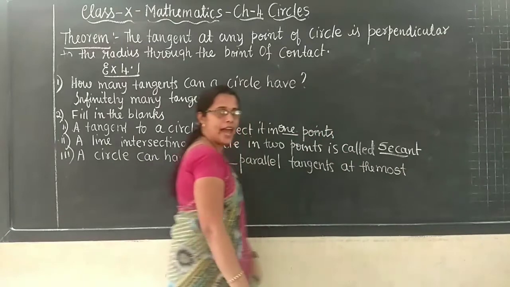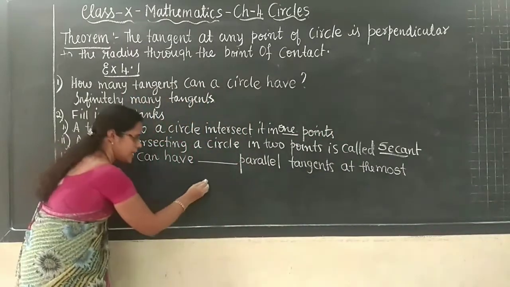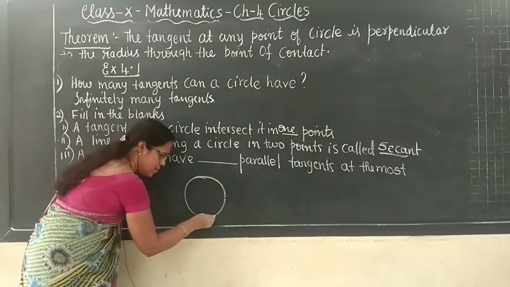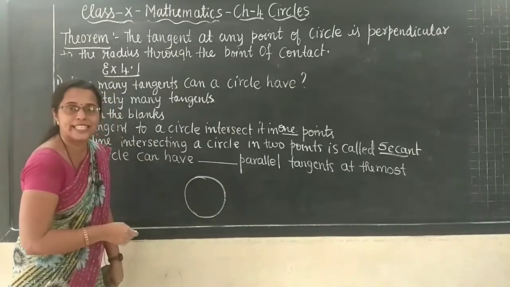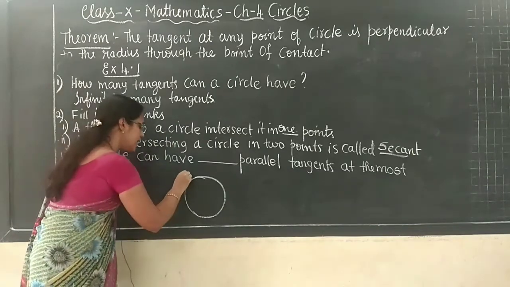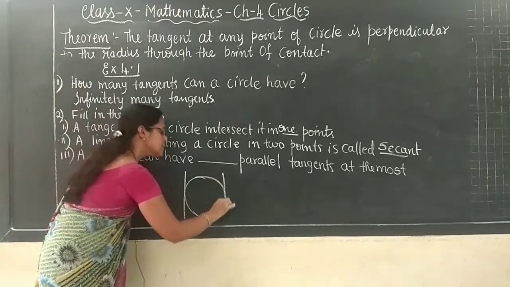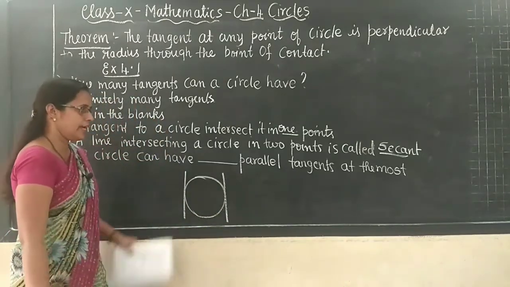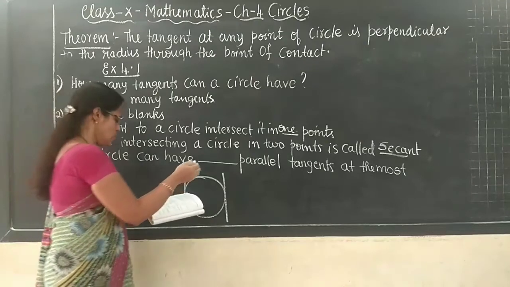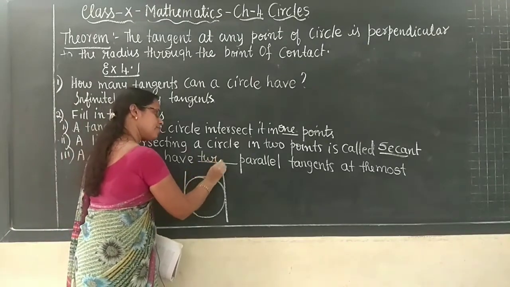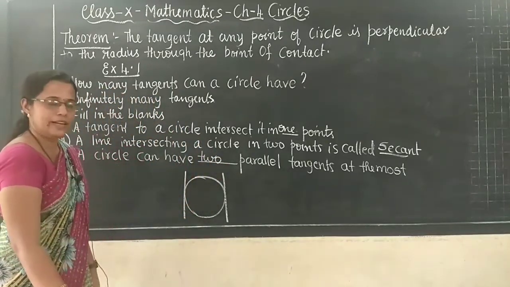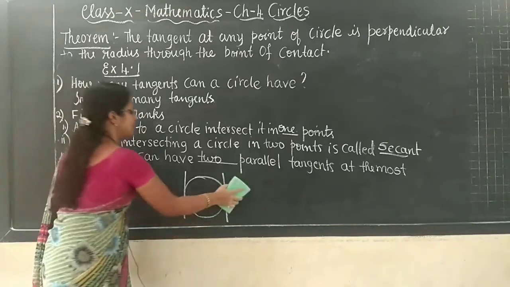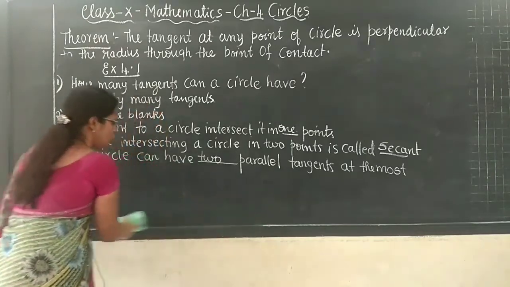At the most, how many parallel tangents can be drawn to a circle? This is one parallel tangent. At the most we can draw 2 parallel tangents. So you have to write 2.